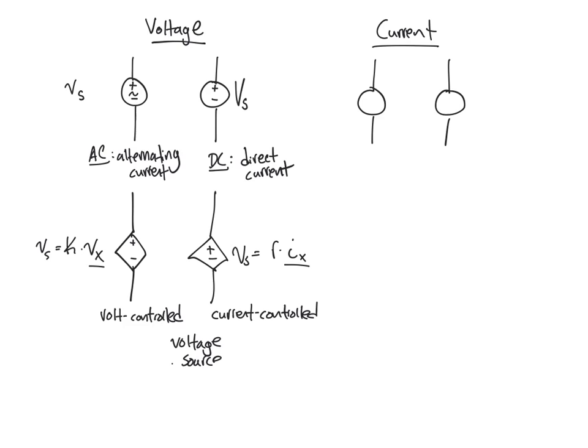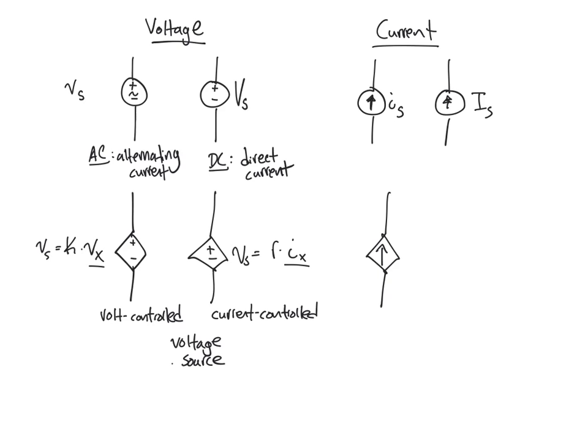Likewise, on the current side, we have the analogous situation. You might have a current source that is AC, script i, generating a current is. We know it's a current source because we draw an arrow inside the circle denoting the direction of the current flow. It may be capital Is for DC. And of course, you might have a dependent current source.